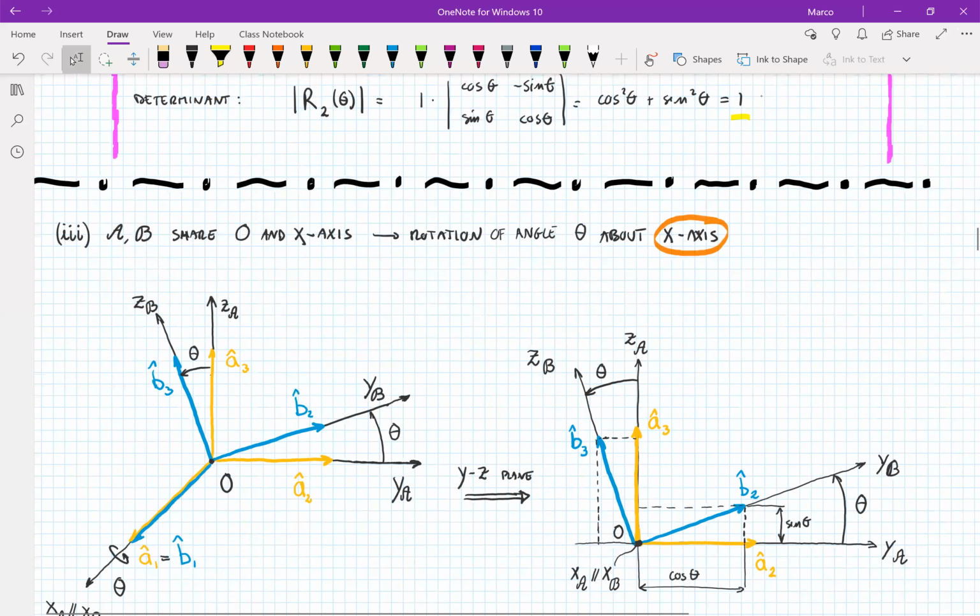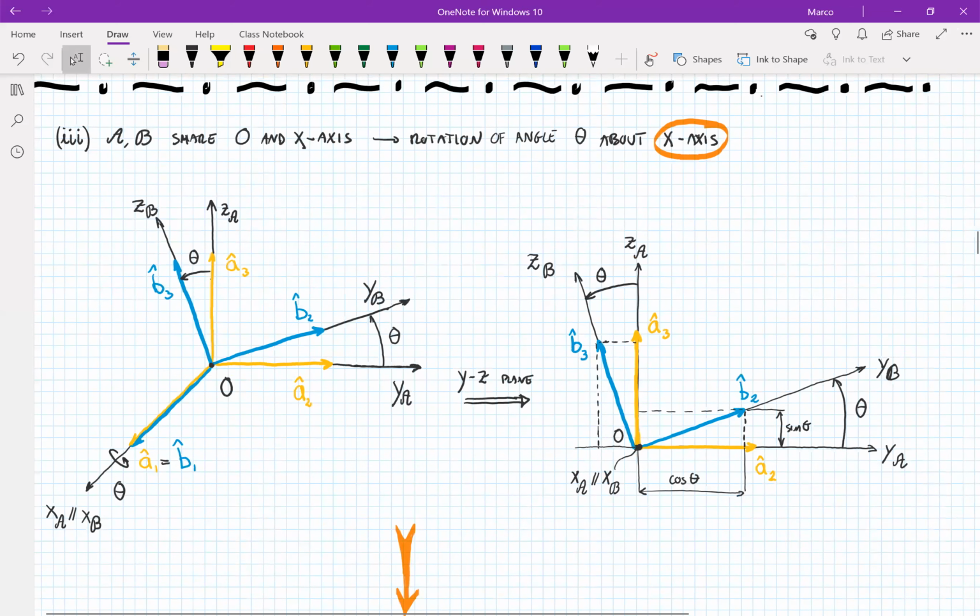Well, now guess what? We're coming to our third elementary rotation, and the axis about which the rotation is performed is the axis x. So it's really the same thing about a different axis.